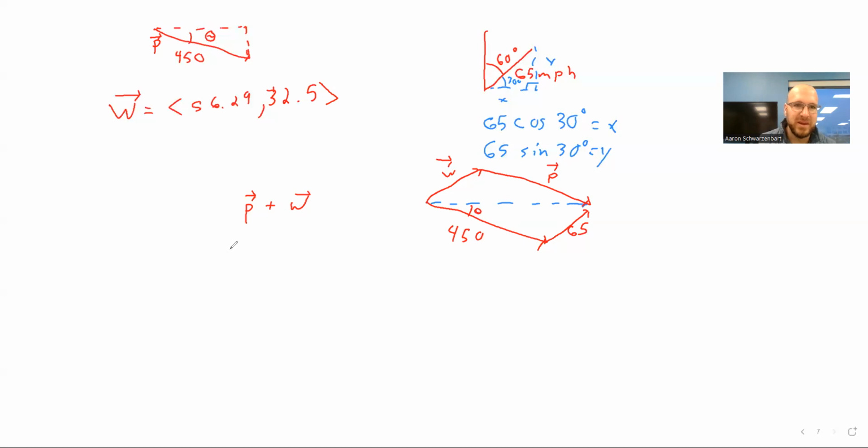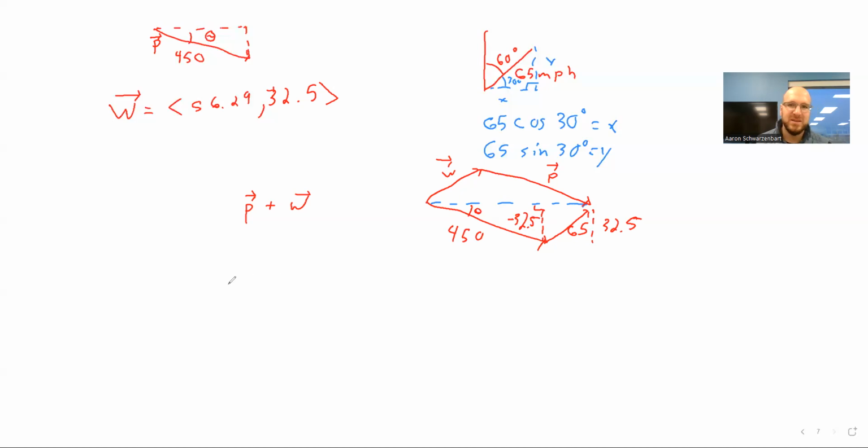So I've got 56.29. And I know that I went up 32.5 here. Let's put it on the diagram here. That's 32.5. So this one, if it's going to be 0, has to be negative 32.5.